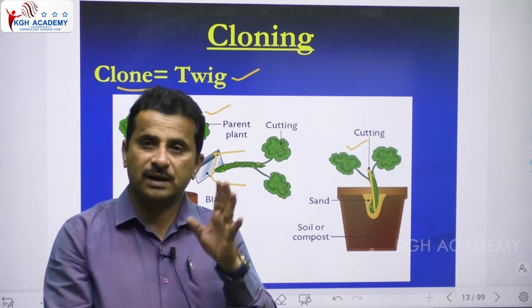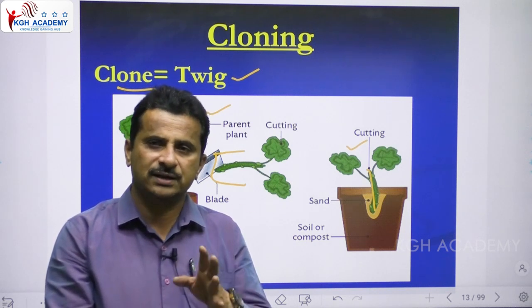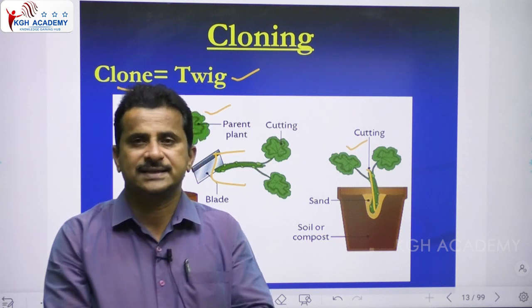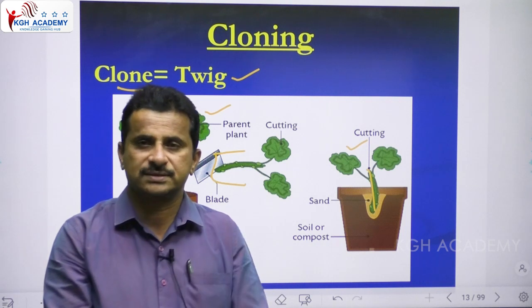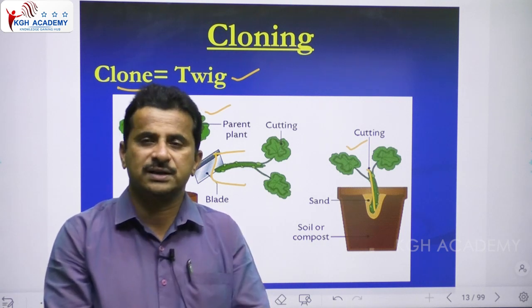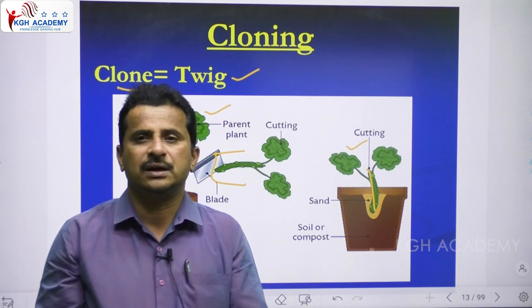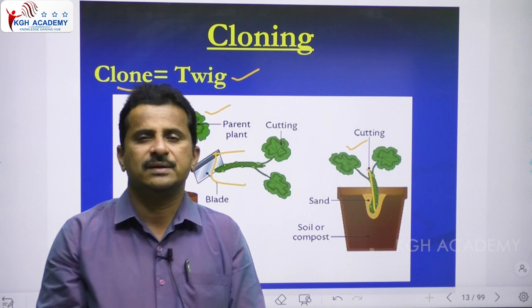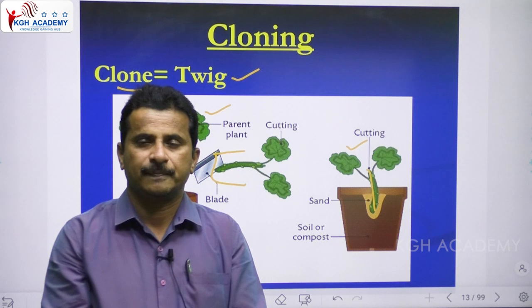In the same way, organisms, plants, insects, higher organisms, animals, clones look the same. Producing the same type of organisms is called cloning. We can apply cloning to normal material also. For example, credit card cloning.